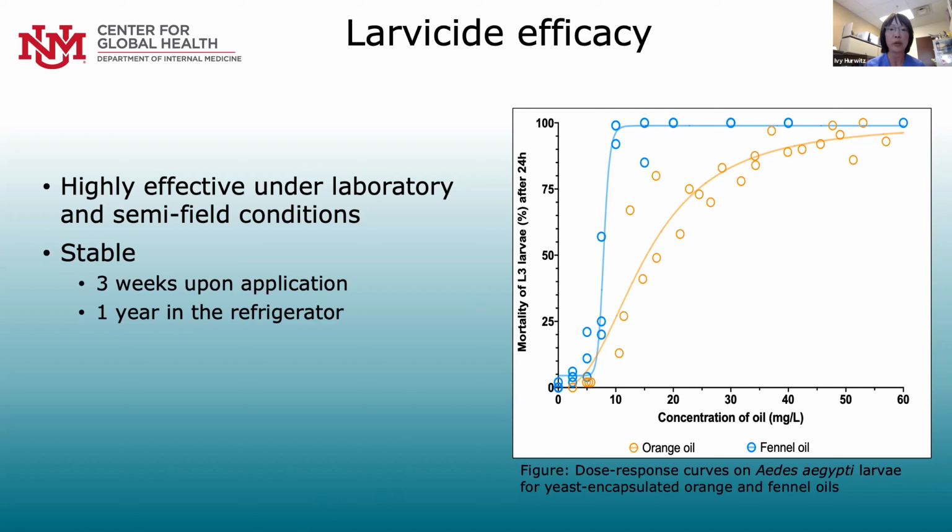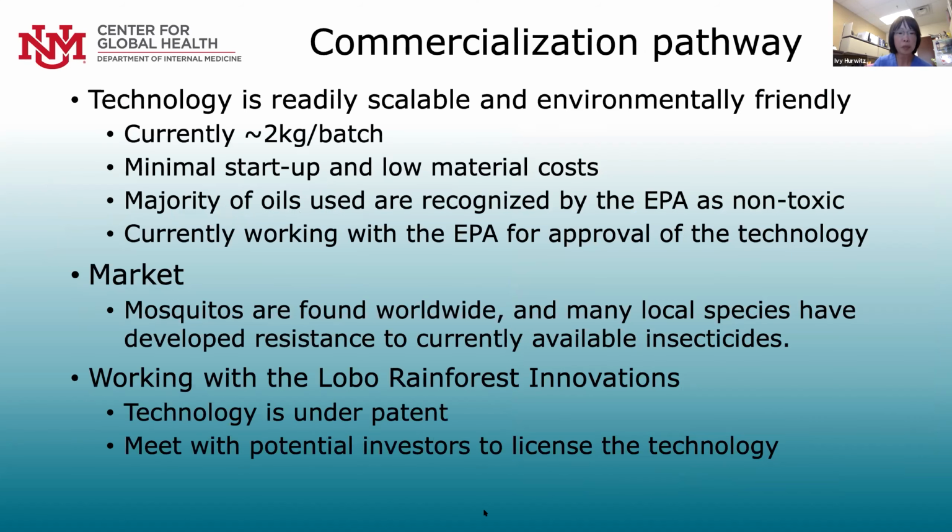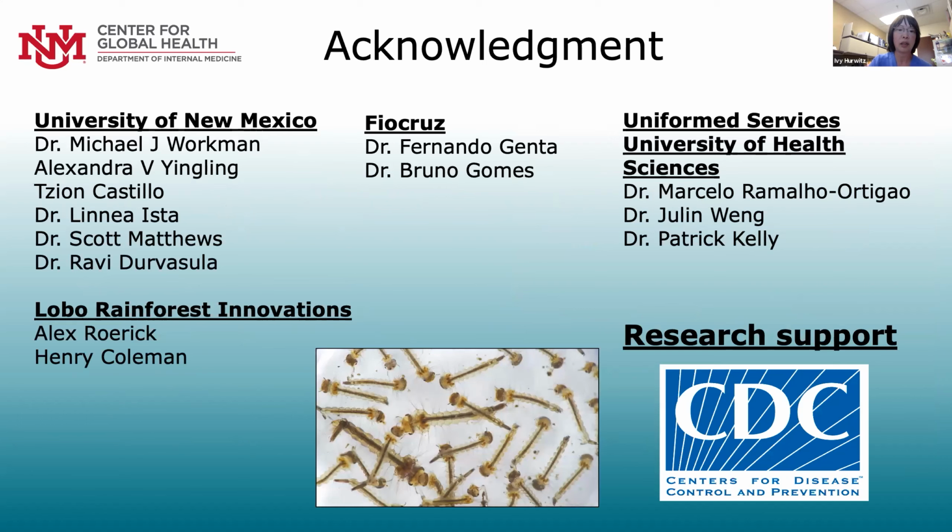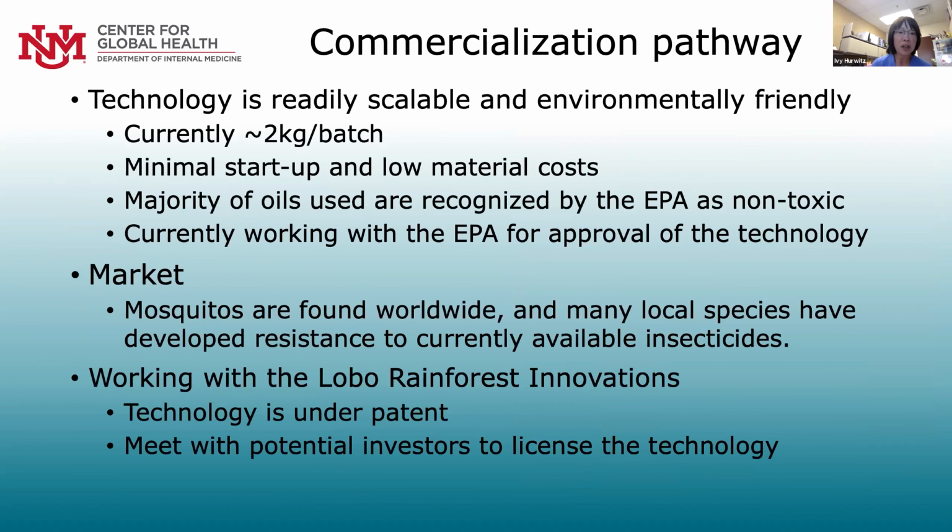And we're continuing to monitor the shelf life of our products. While our current production rate is about 2 kilograms of larvicide per batch, we believe that our technology is readily scalable with minimal startup and material costs.